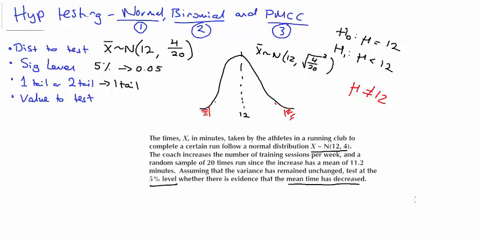We don't care which one, but if it's so extreme it falls on either side, we're going to reject H0. Otherwise, we're going to say it's fine. Now, here's the deal. When you're dealing with 5%, because you're splitting this on both sides, you're not testing at 5% on each side, because that would be a 10% significance level in total.